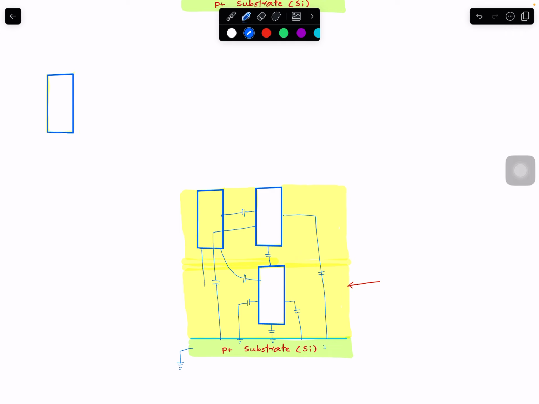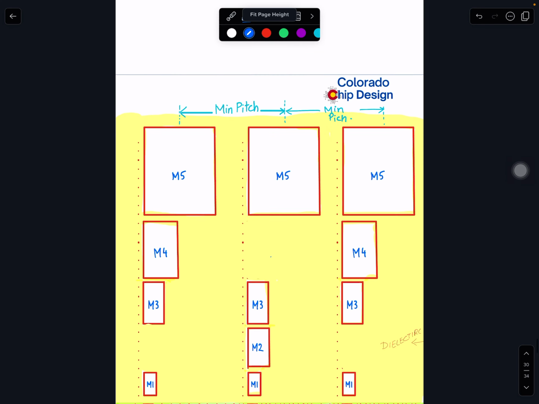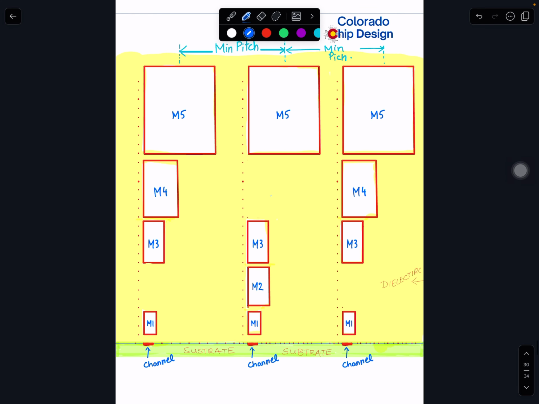This has capacitance to ground, and this has capacitance to ground. You understand that? So now you go to that picture that I had from the previous video, if you remember. This is our channel, and I drew different metals for Intel 0.25 micron technology, with their height and their width, and it's just 2D here.